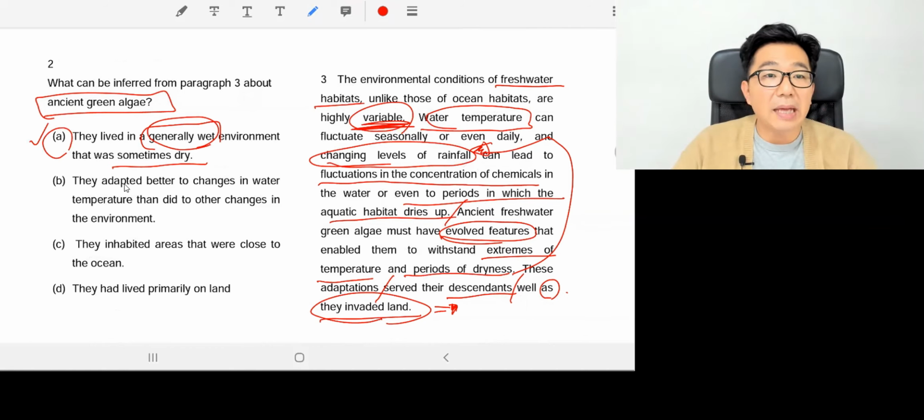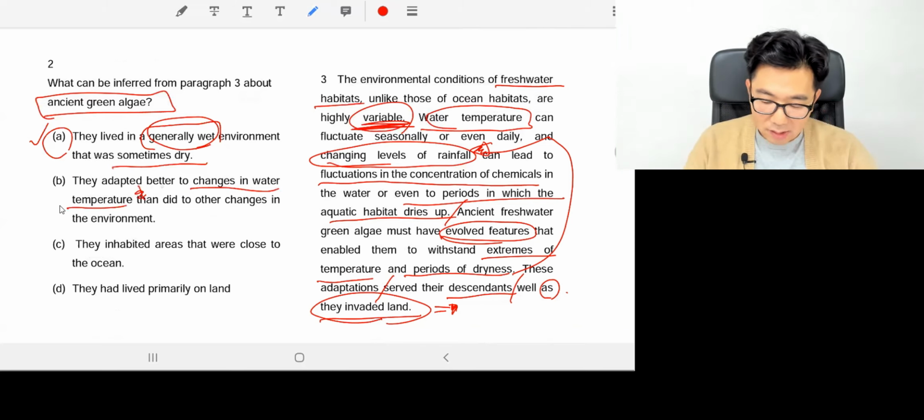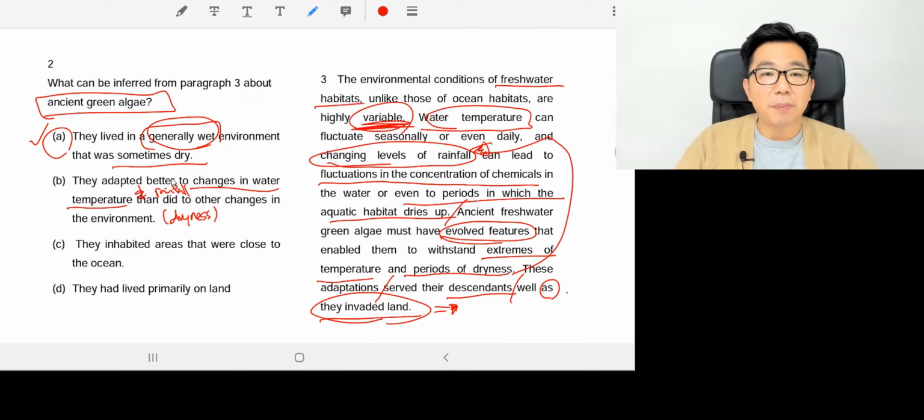Good answer. B, they adapted better to changes in water temperature than to other changes in the environment. No, they said they adapted well to things like changes in water temperature and changes in rainfall, potential dryness. It's a list, right? It's not a comparison, but B says they adapted better to water temperature than to other changes like dryness.